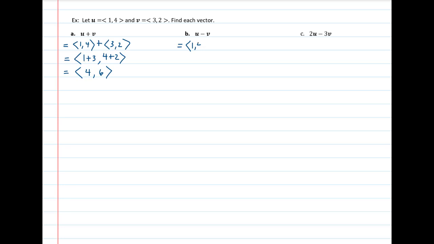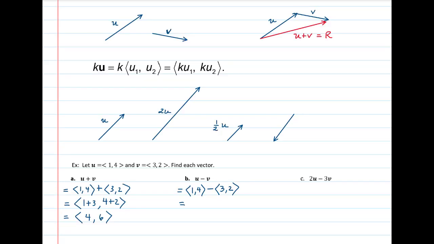All right, for the next one, we're calculating u minus v. We're going to have 1,4 minus 3,2. Now, something that I forgot to mention on the scalar multiplication: k is any real number, so if you multiply the vector by a negative number, let's say just -1, the negative is going to change the direction of the vector to exactly the opposite direction.